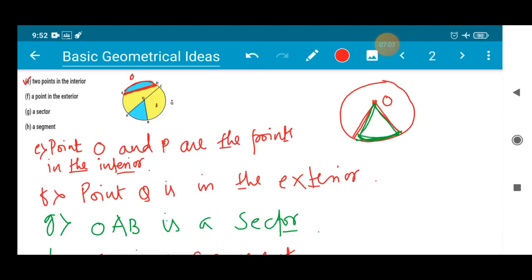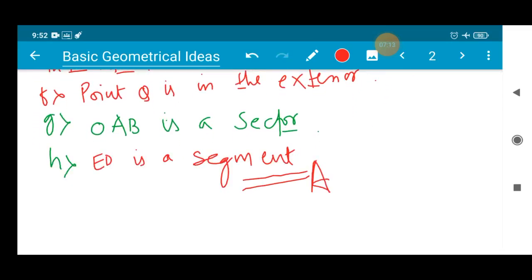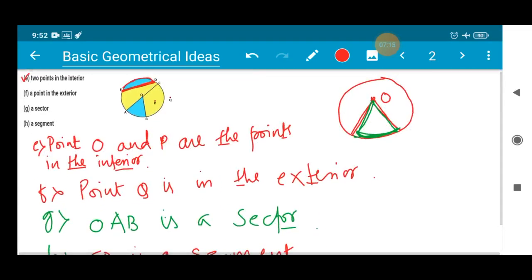If there is a name, say O, then you can write EOD also. This is how we do it. And if there is no name given for an arc, we can write by ourselves what the arc is here. AB is an arc present in this circle.